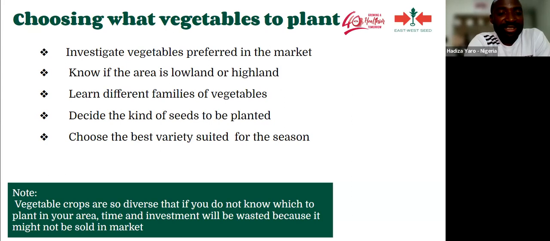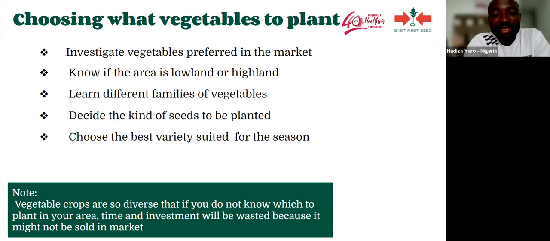The last point on this slide is choosing the best variety suited for the season. Like I said earlier, in East-West Seed, there are different varieties for different seasons. For instance, we have Padma for rainy season, and as well we have Diva for tomatoes for rainy season. And for the dry season, we also preach Platinum F1.